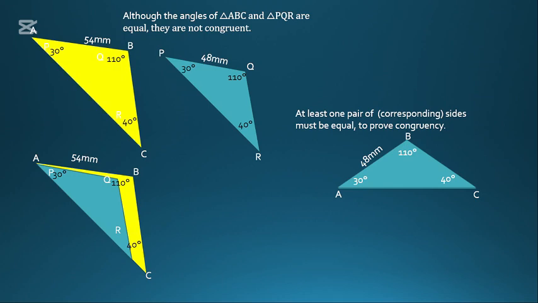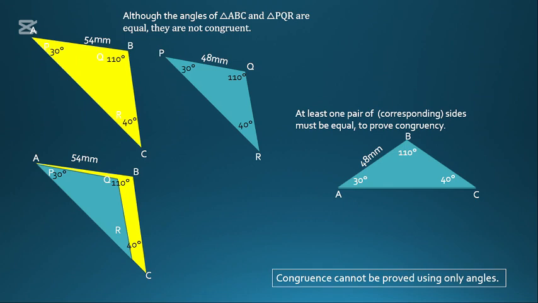For that reason, congruency cannot be proved using only angles. That's very important. Congruency cannot be proved using only angles. At least one pair of corresponding sides must be equal.